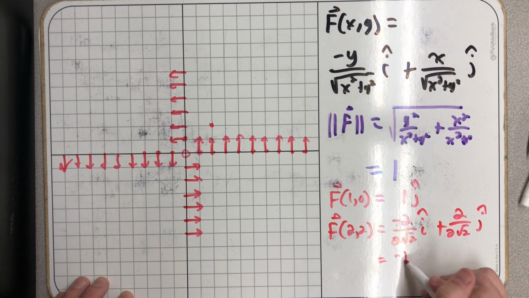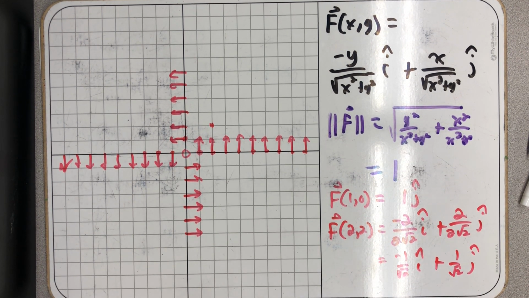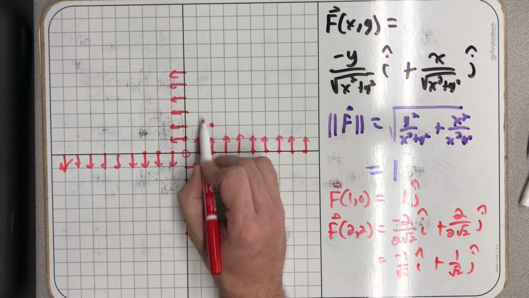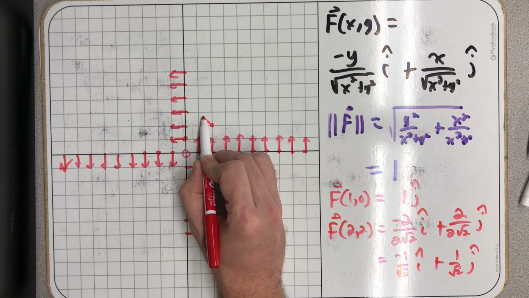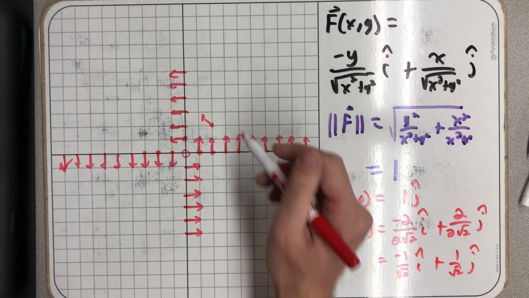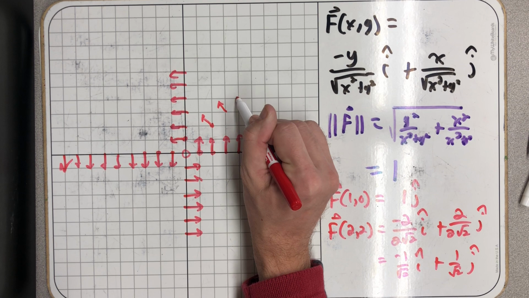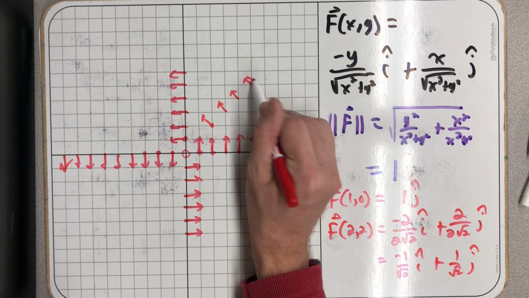All right, so I get minus 1 over root 2 i plus 1 over root 2 j, which is definitely a unit vector, which is good because I needed a unit vector. And so starting at this point, I go to the left and then up in such a way that I end up with a vector that's 1 unit long, something that looks like that. And I realize that on the line y equals x, that's what I would always get. It's a vector pointing 1 unit that way.